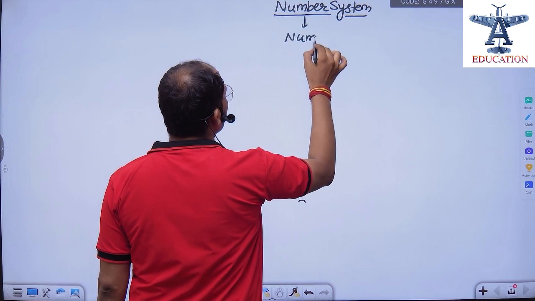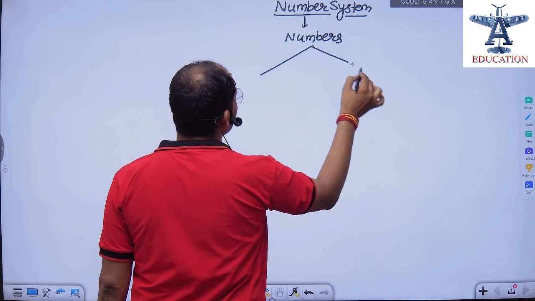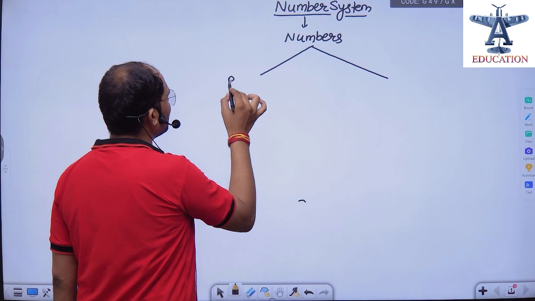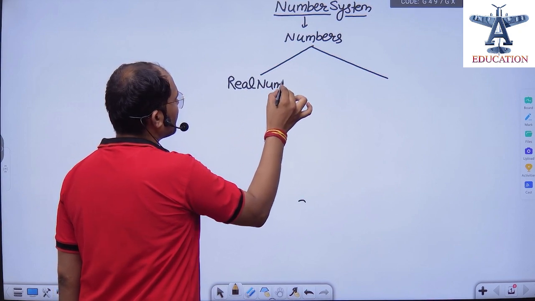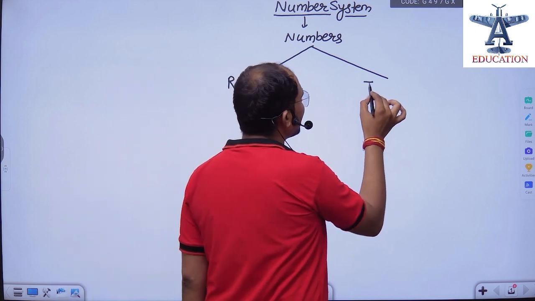As we know, numbers are divided into two parts. First one is real numbers, and second one is imaginary numbers.